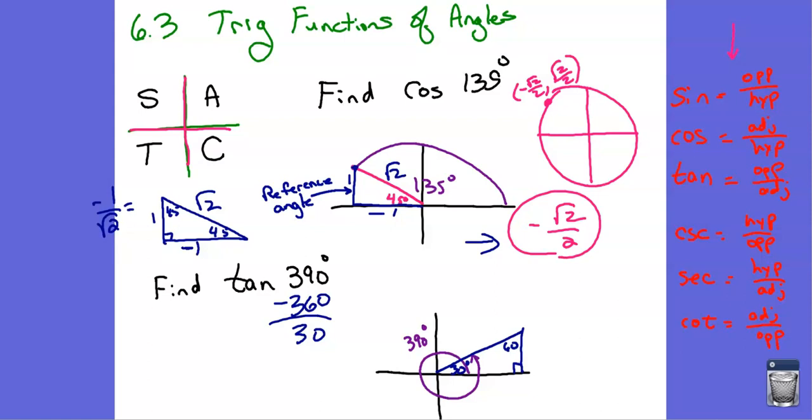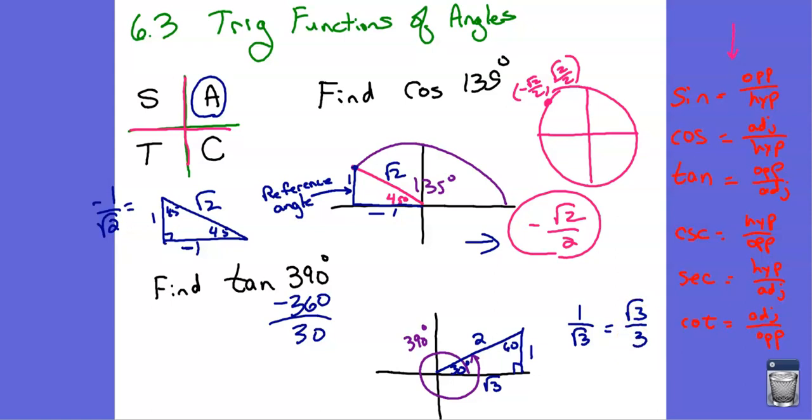And remember the relationship on a 30, 60, 90 triangle is 1, square root of 3, and then 2. And then keep in mind we're in the first quadrant, so everything's positive. All things are positive in the first quadrant. So the tangent of this would be opposite over adjacent, so 1 over square root of 3, or just the square root of 3 over 3.